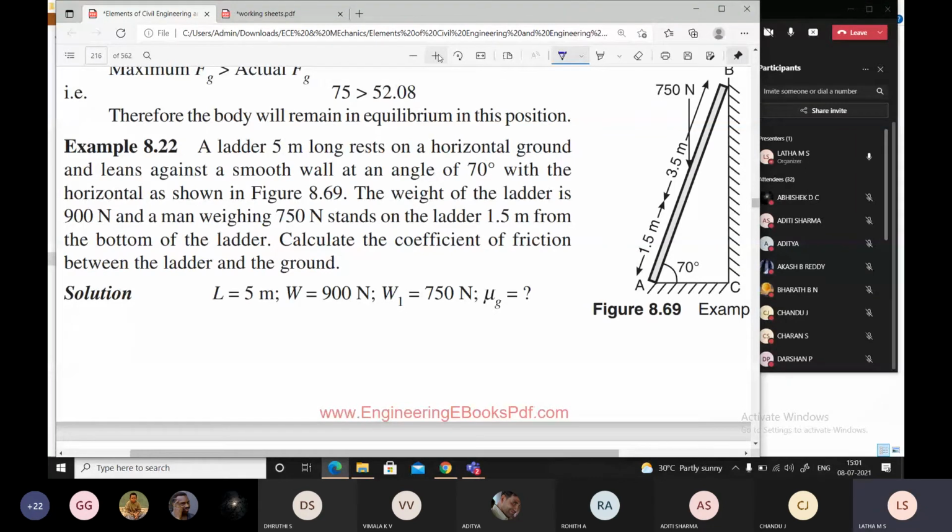A ladder 5 meter long rests on a horizontal ground and leans against a smooth wall at an angle of 70 degree with a horizontal, as shown in the figure.